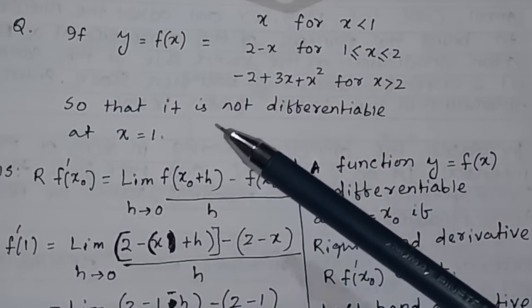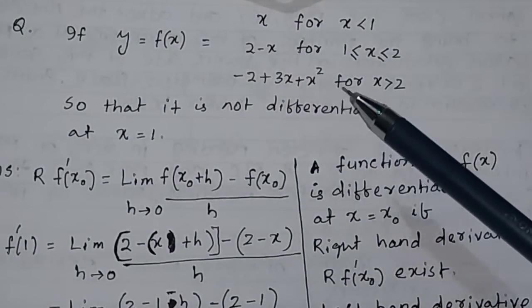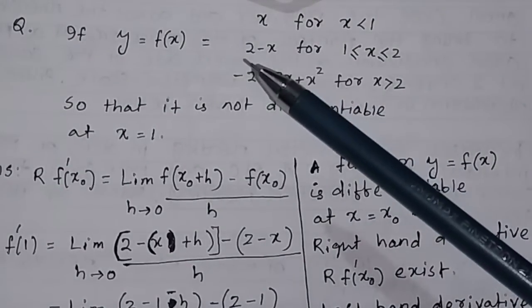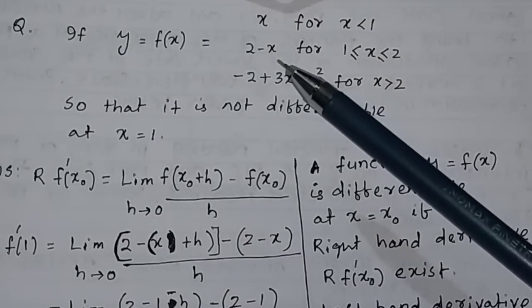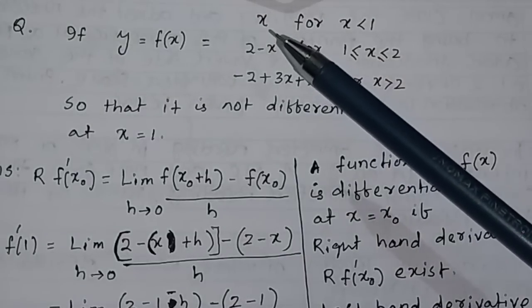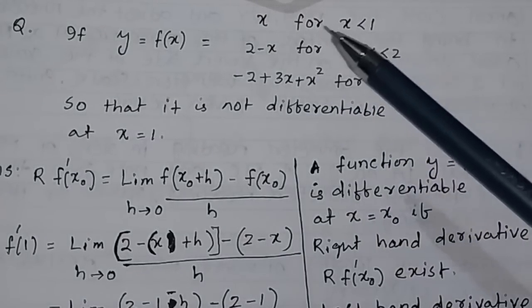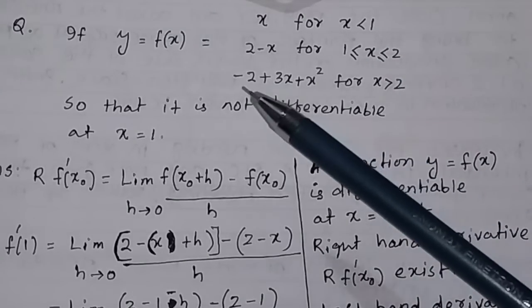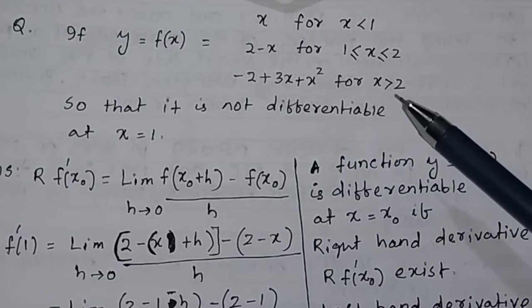So at x equal to 1, you have to take the function f(x) is equal to 2 minus x, because f(x) is equal to x only for x less than 1. So we will not take that function, and we will not take the function for x greater than 2.